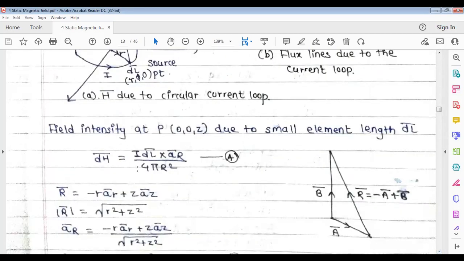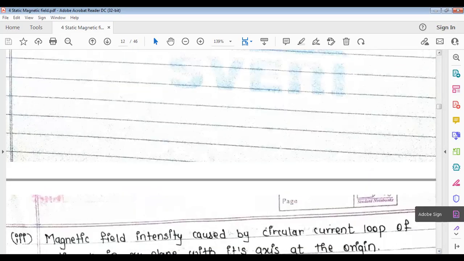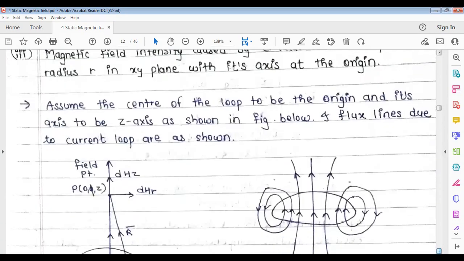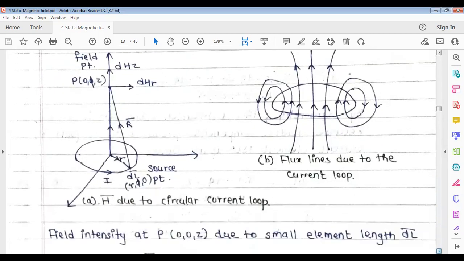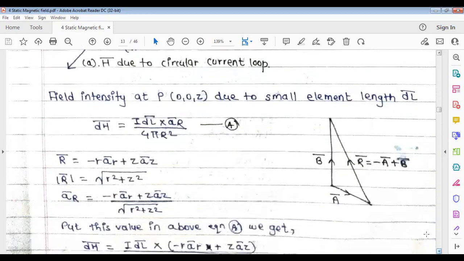So this equation is important, and according to the filament, which can be infinite filament, finite filament, or circular ring, you should first recognize that, and where you are finding the magnetic field intensity. According to that, find dl bar and a bar R, and then put all these values in the equation of dH bar.